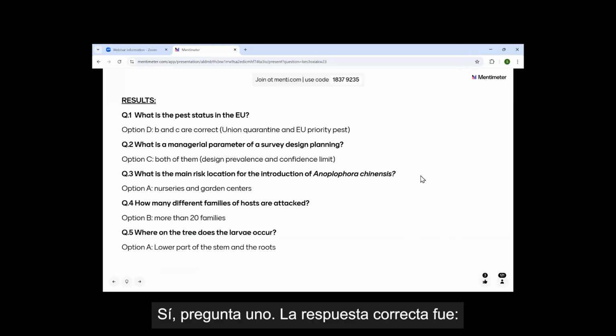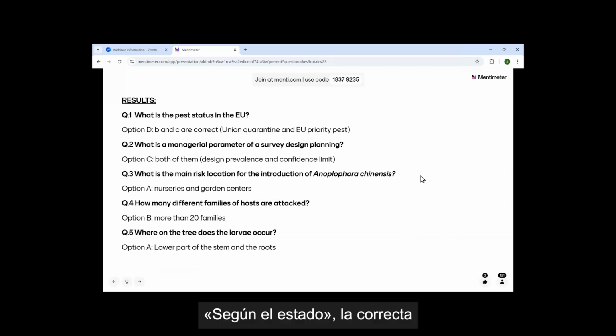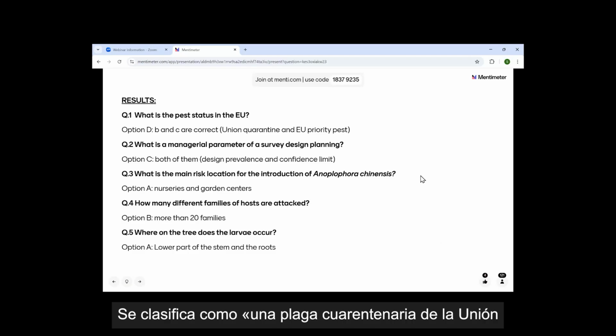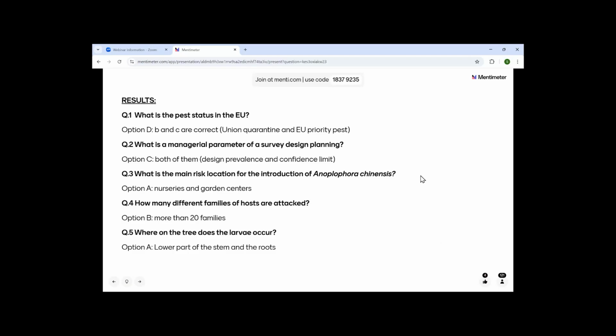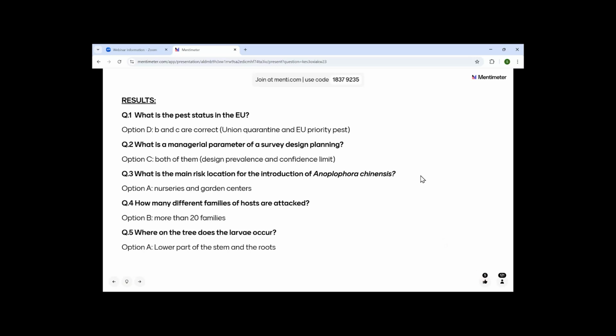Yes. Question 1, the correct answer, according to the status, was option D, where at least one of them is a Union quarantine pest as well as treated as an EU priority pest.